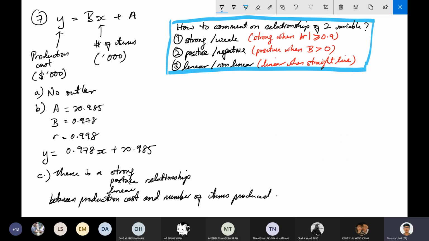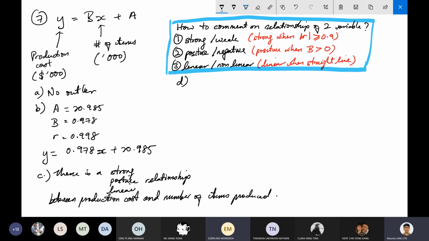Okay, so let's look at D. Wait, but what if the relationship is monotonic? What do you mean? Like when it's non-linear, then if it's monotonic. Then it's still non-linear.